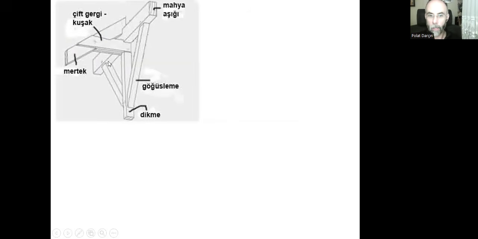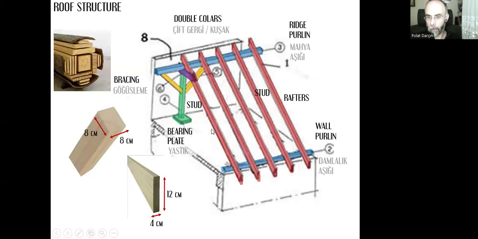Here we see an image. There is the stud and a purlin, ridge purlin or intermediate purlin, doesn't matter. And there is this rafter, and we can see that the rafter is directly in position with the stud. Right under the rafter, there is the stud. But here we don't see that. These are only rafters without the stud.